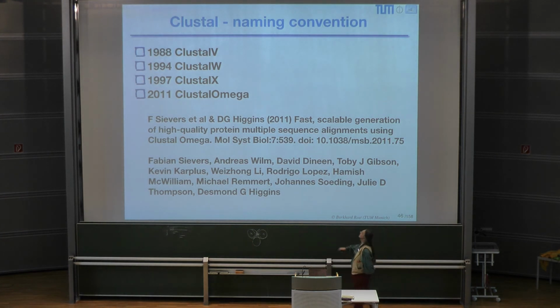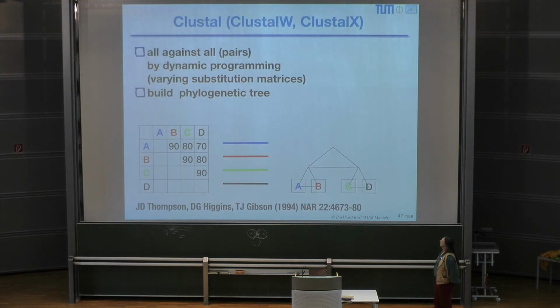First the naming convention: it started with Clustal V in '88, then Clustal W, Clustal X, Clustal Omega, and that in fact comes on the website with the title, The Only Alignment Program You Will Ever Need. That's the latest Clustal Omega publication here from the group of Des Higgins.